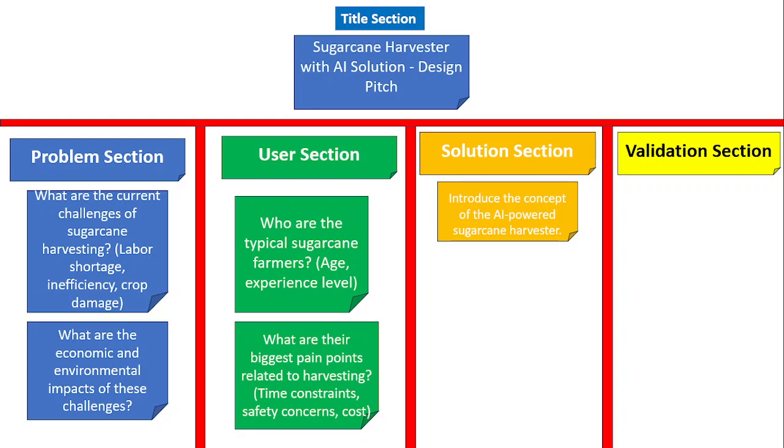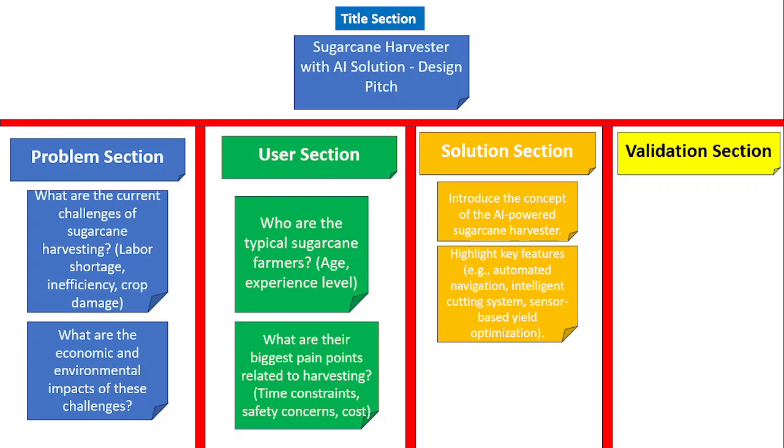In that, you may introduce the concept of the AI powered sugarcane harvester. Previously, you identified the problem and the user need. Now, in the solution section, introduce the new machine as an AI powered sugarcane harvester. And then, you not just introduce the sugarcane harvester to the audience.